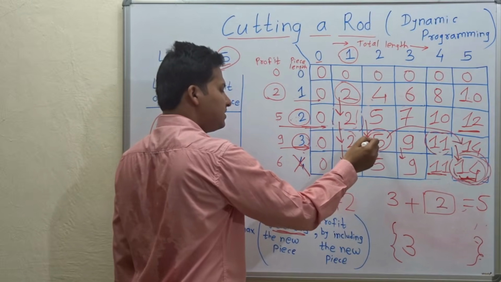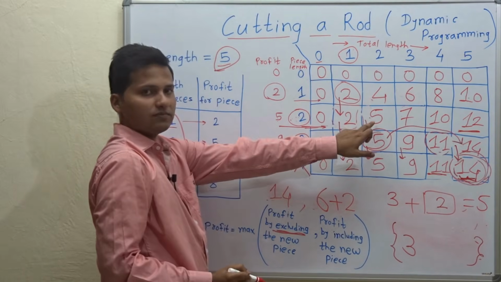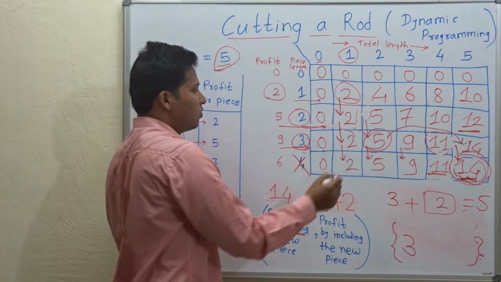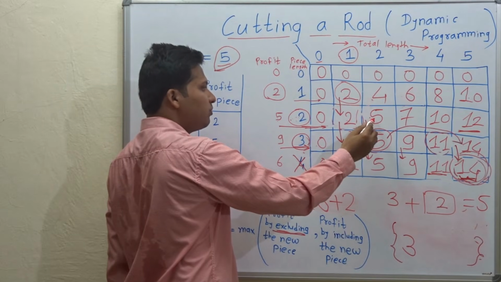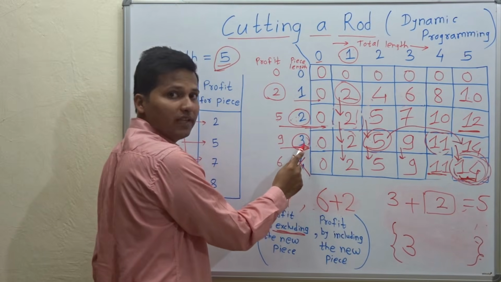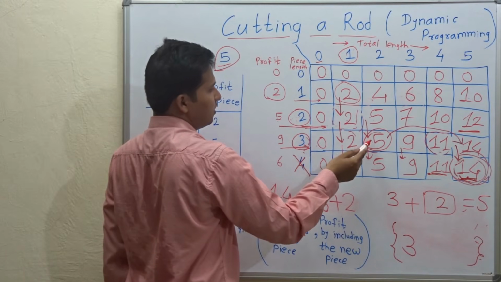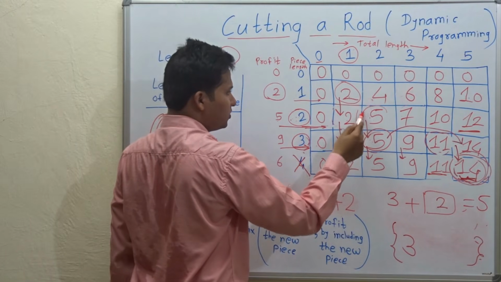See, this cell value has come from the above cell. Yes, so which means for getting the profit 5, we have not included the piece of length 3. So go ahead. So we go into the above cell.